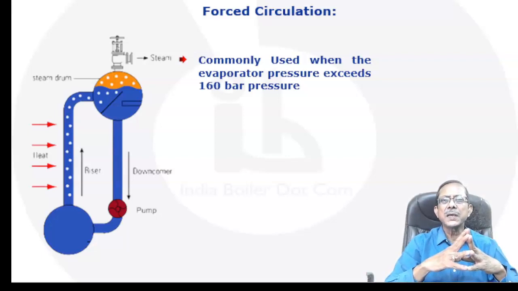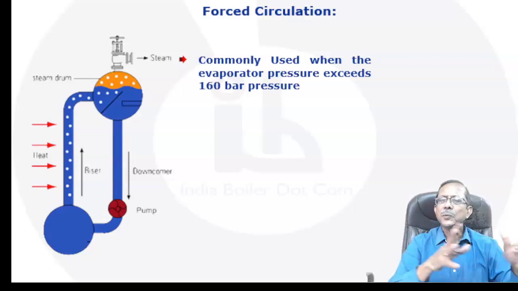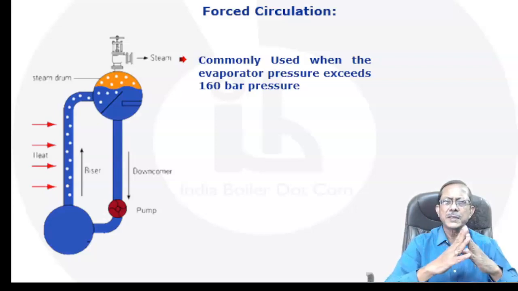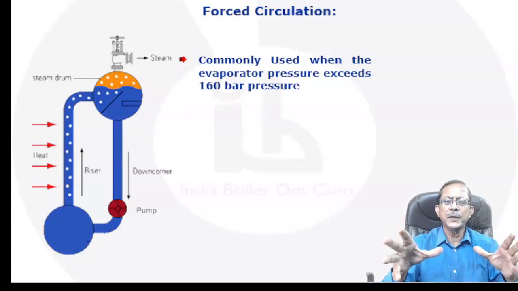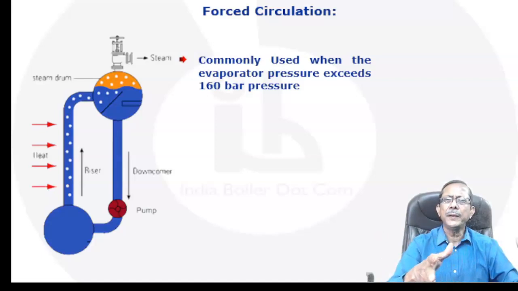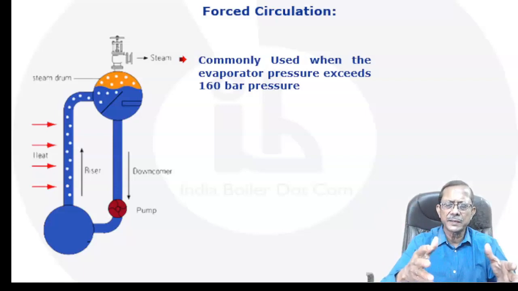So in such cases, you might see that there is a forced circulation pump given in that circuit. Sometimes again, in some process boiler, for example, let us say I'm having a waste heat recovery boiler in a refinery, where some exothermic reaction is taking place in a reactor, right?